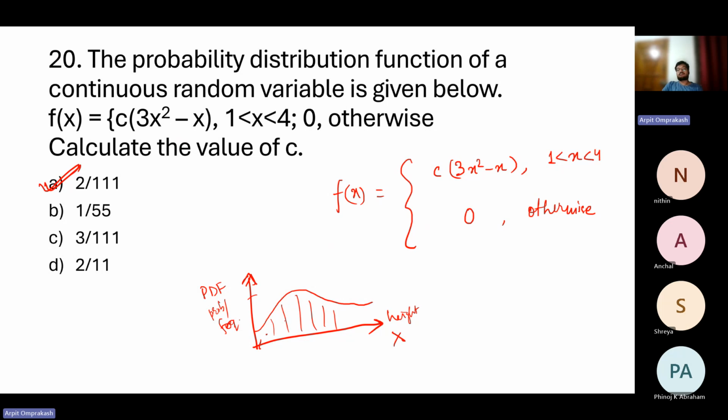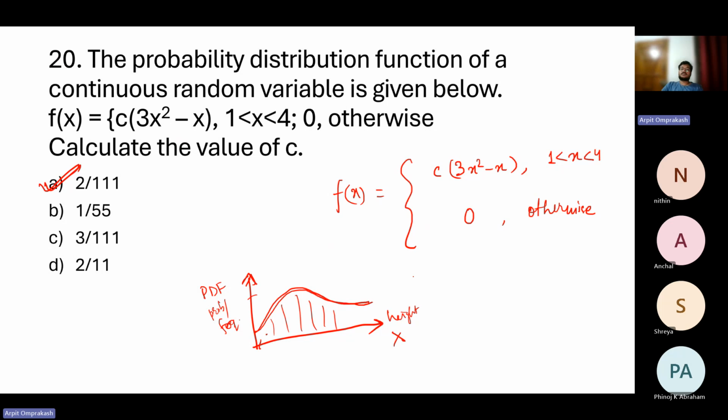So the relative frequency of getting that height in some sense. So for continuous functions, we have a continuous curve like that, which is called the probability distribution function. It basically tells us how the probability of different values changes as we go along the axis.